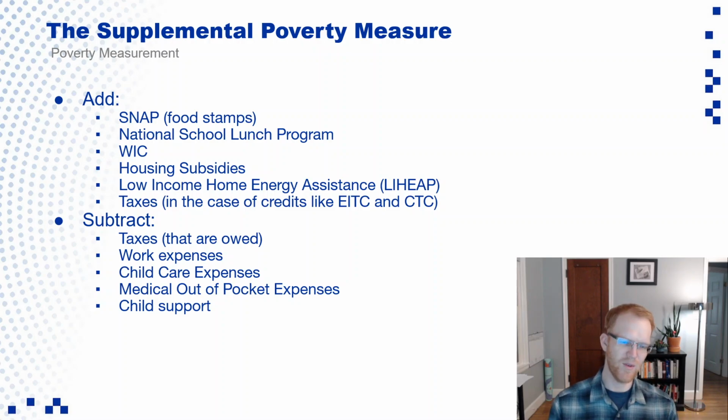Then you subtract from family resources taxes, work expenses, childcare expenses, medical out-of-pocket expenses, and child support. So this is a big improvement. It has some issues that I'm going to get into. It's also not used to determine eligibility for these programs. The programs still use the official poverty measure.